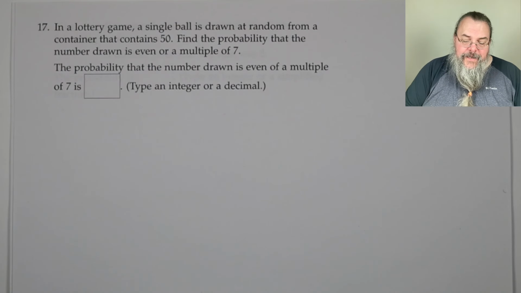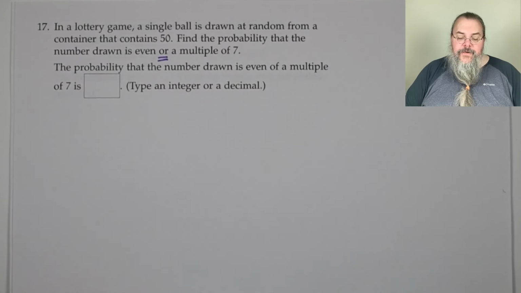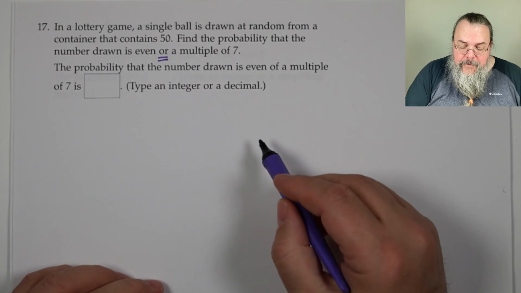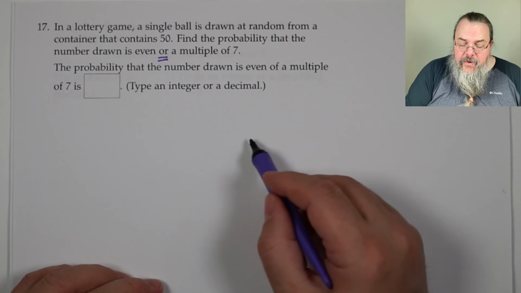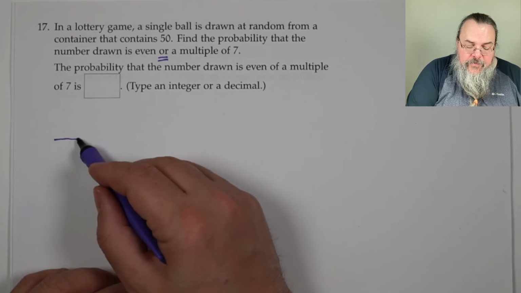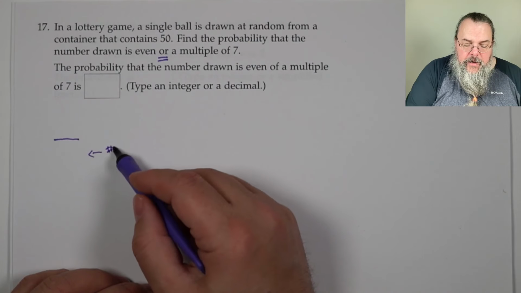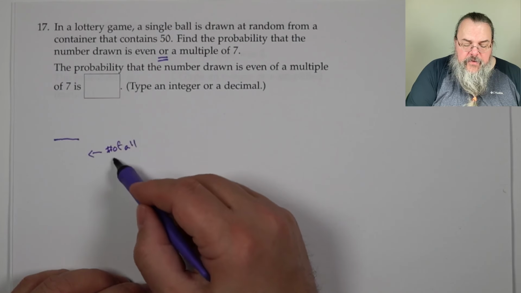Find the probability that the number drawn is even or a multiple of 7. Okay, or is very telling. So, probability is oftentimes a counting thing. The downstairs is the total number of all possible outcomes.